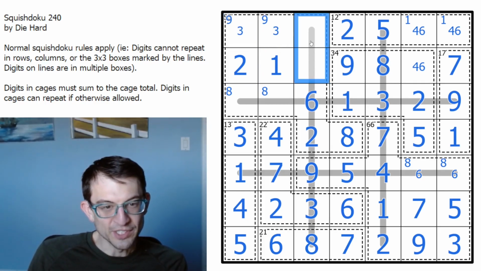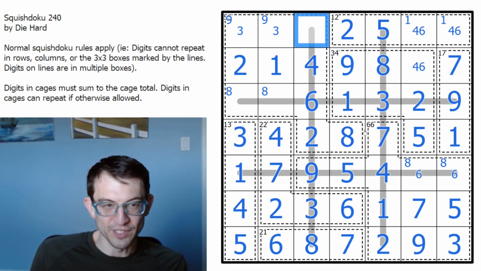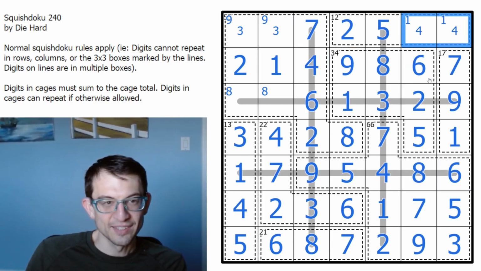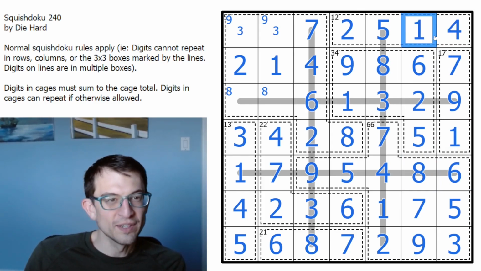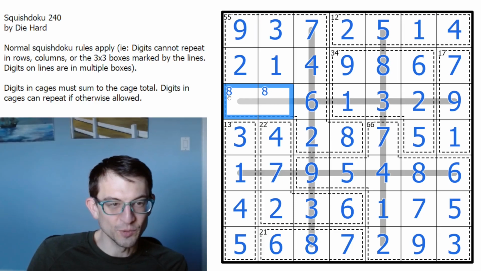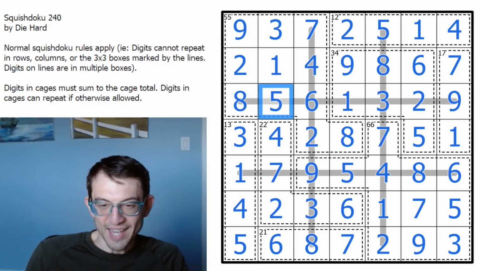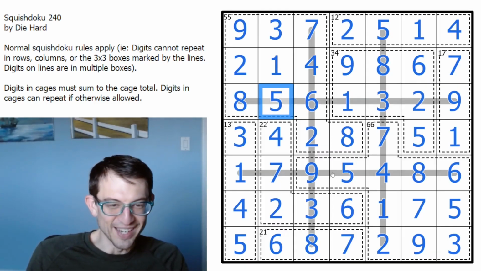So these two digits are, let's see, we need in this box a 4 and a 7. That's 4 and 7, so that's 6. 8 and 6. This is a 1-4 pair. I see that 1 gives me the 4-1. 9-3 gives me 9-3. And what's left here is we need a 5. And so that's 8-5. And that is Squish Doku 240 by Die Hard.